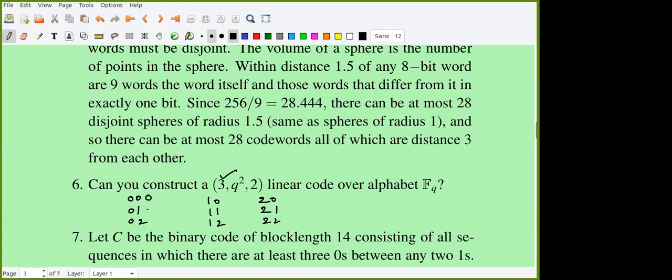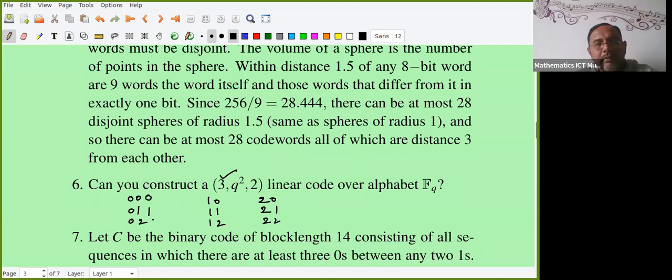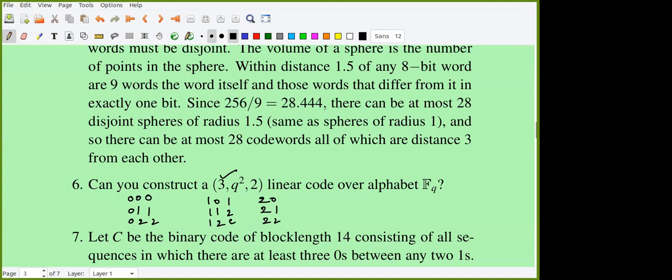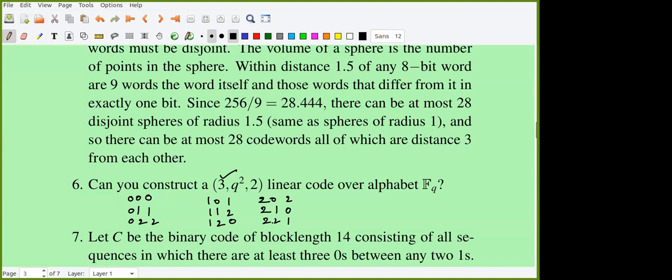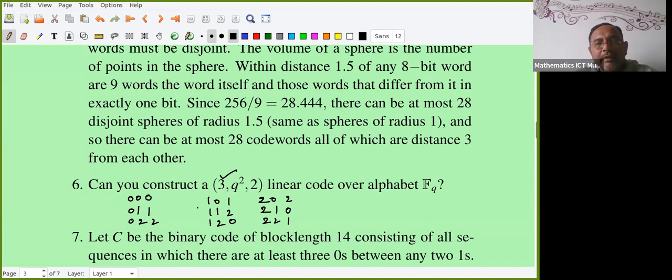Let us see. So tell me now, what is this last value? For 00 it is 0, for 20 it is 2, for 01 it is 1.